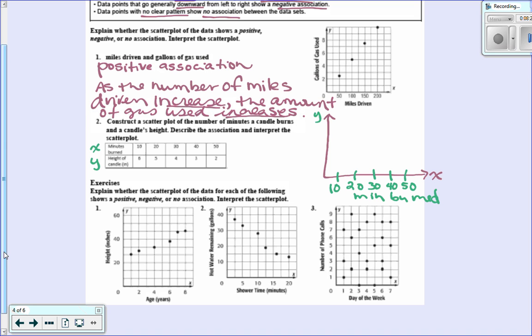And then our Y value is the height of the candle, and it goes 1, 2, 3, 4, 5, 6. And we're going to label that height of candle.